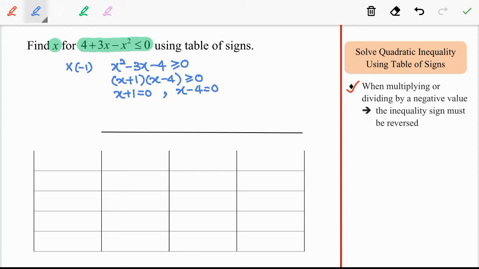So we get the roots are -1 and 4. Here is a number line. So we put the roots -1 and 4 on the number line.